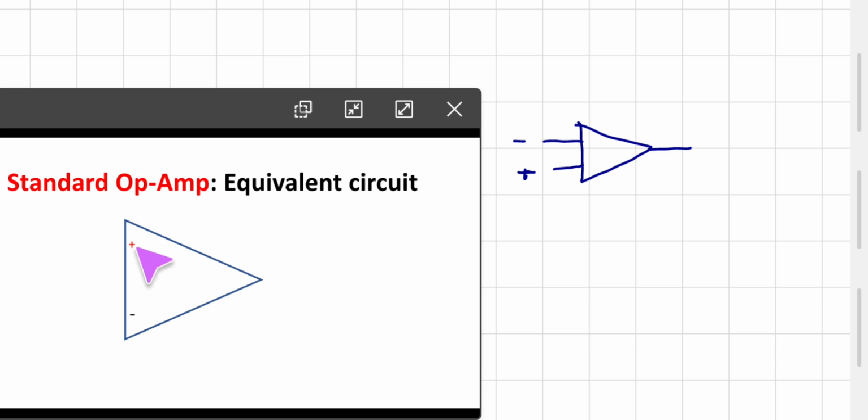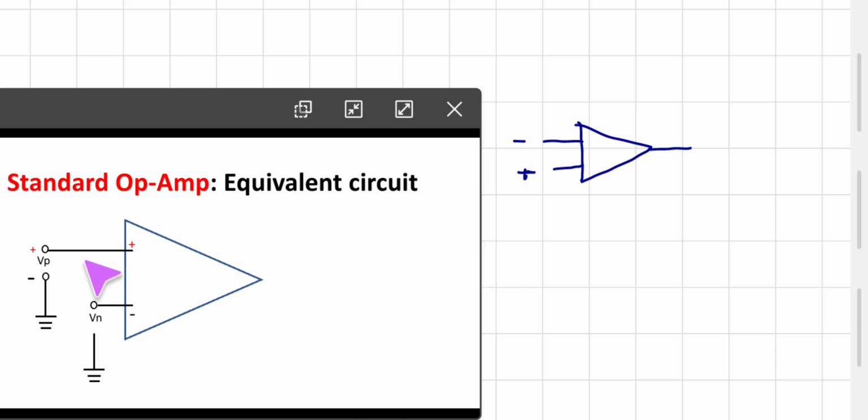One terminal is called non-inverting, which is denoted by positive, and the other terminal is called inverting, which is denoted by the negative terminal. We are giving input to the positive terminal, which we call Vp, and the input voltage given to the negative or inverting terminal is called Vn.